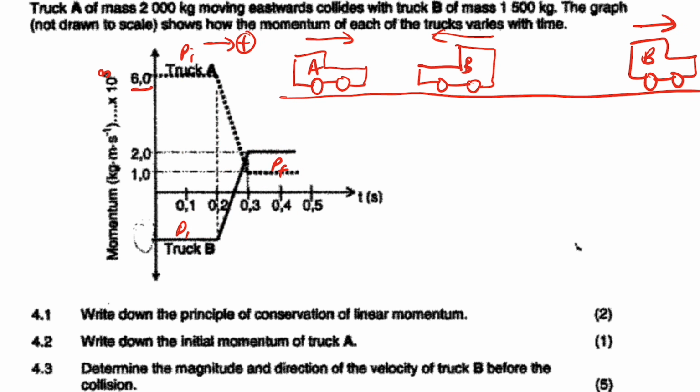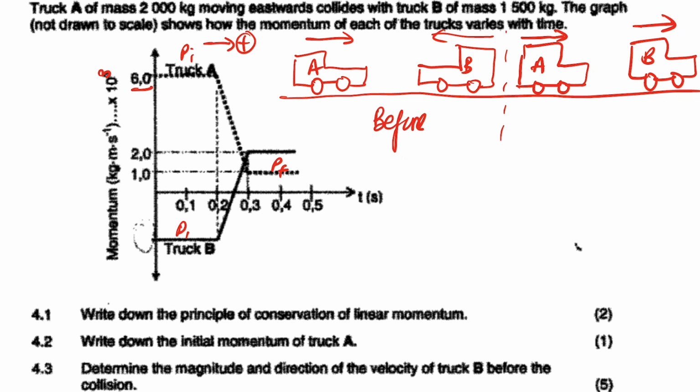And truck A, when we see here the momentum change in the same direction, there's a decrease in momentum, so it's still going in that direction. So they collided, but they're not moving off together, but they're going in the same direction after.